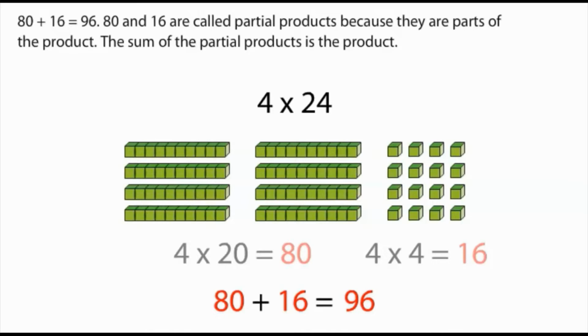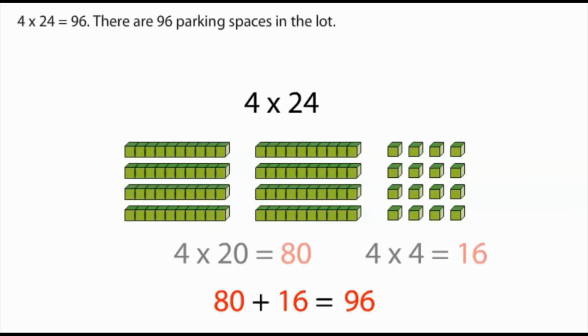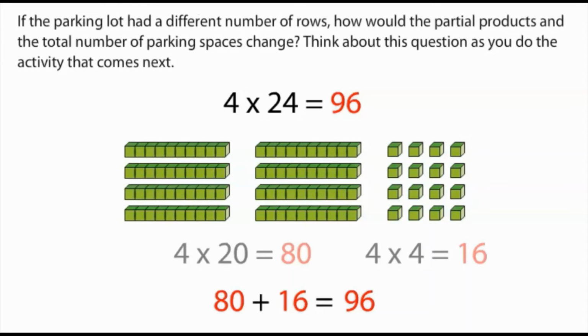The sum of the partial products is the product. 4 times 24 equals 96. There are 96 parking spaces in the lot. If the parking lot had a different number of rows, how would the partial products and the total number of parking spaces change? Think about this question as you do the activity that comes next.